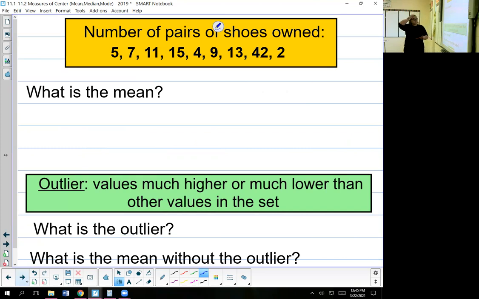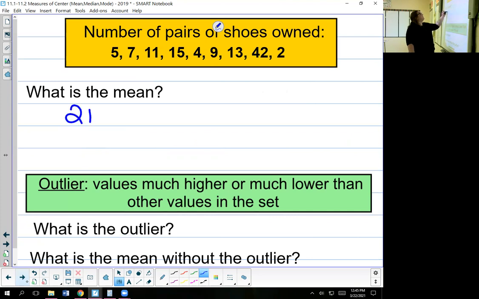So one thing that's different here is talking about another word called an outlier. Okay. So if I ask you to find the mean here, what you would do is you would do exactly like we did before. So we'll put these in order.